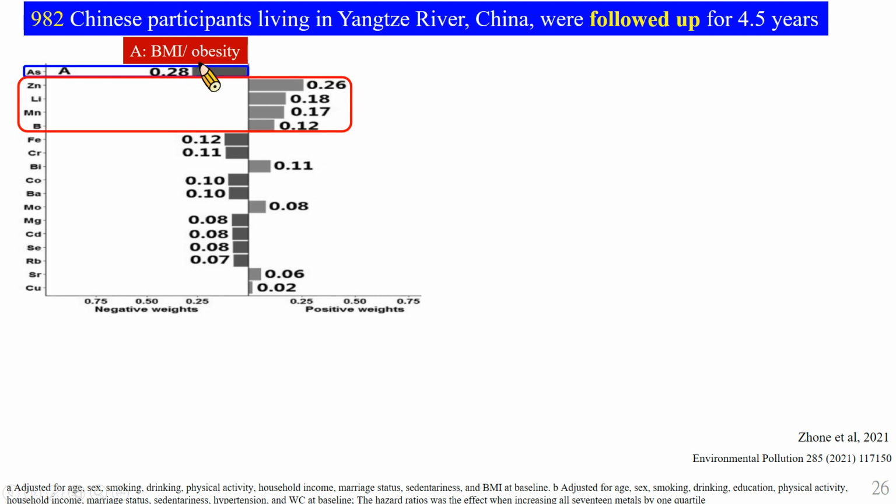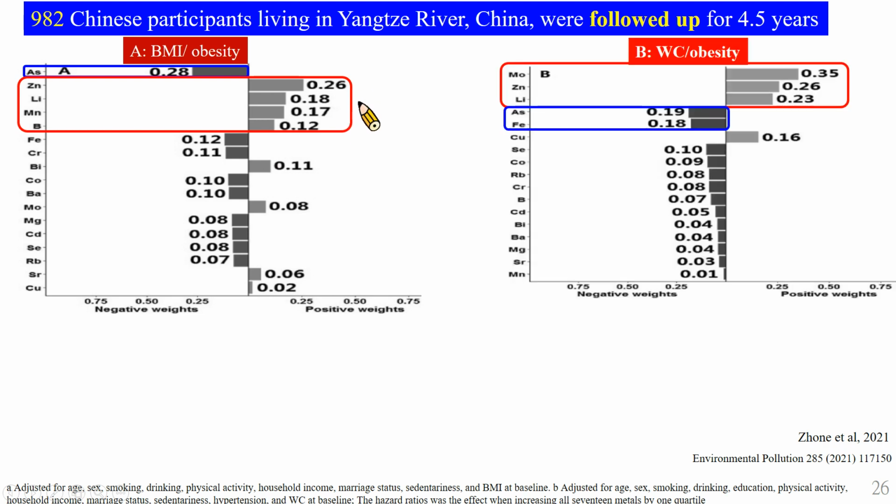What you find from this quantile computation figure is that arsenic exposure has negative weights on BMI, but essential trace elements like zinc, and also manganese and boron, have positive weights on body mass index.